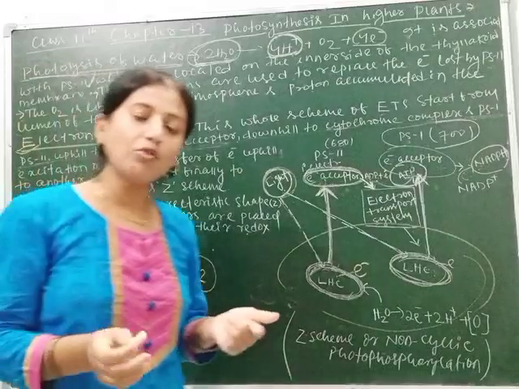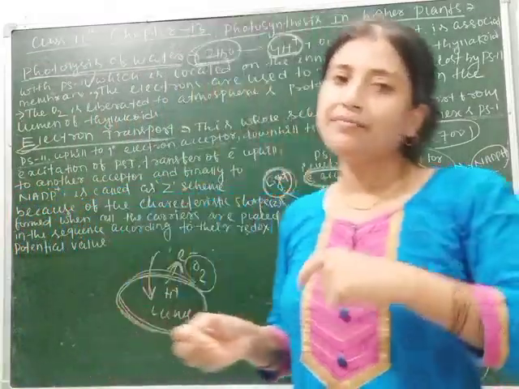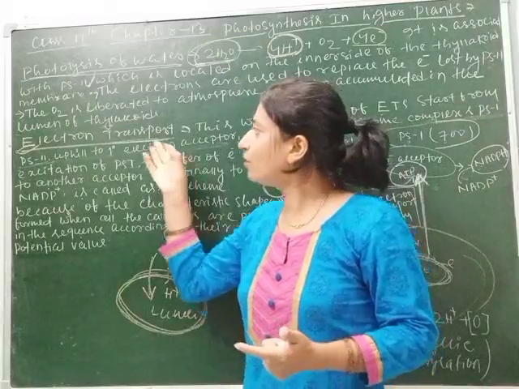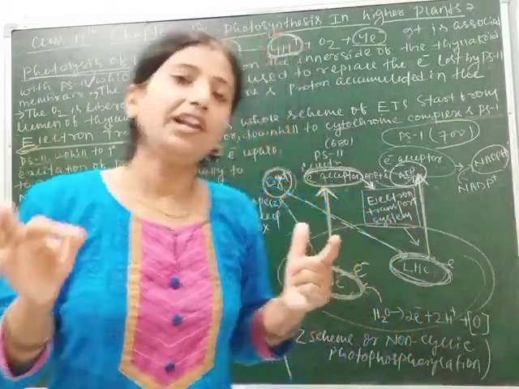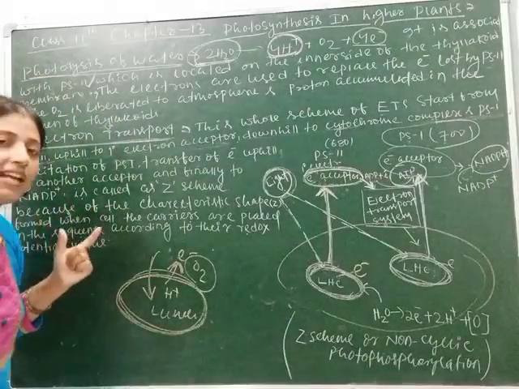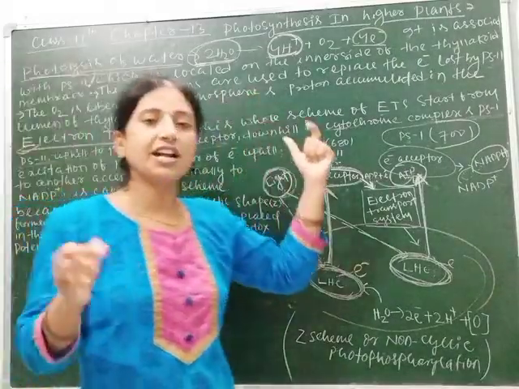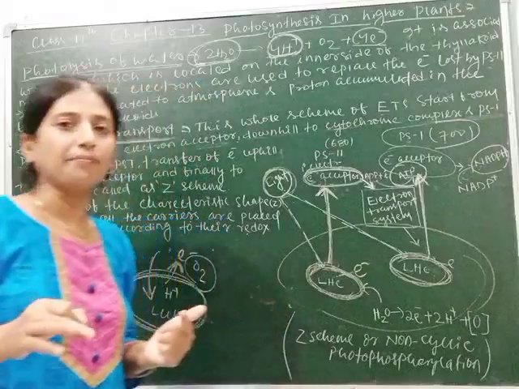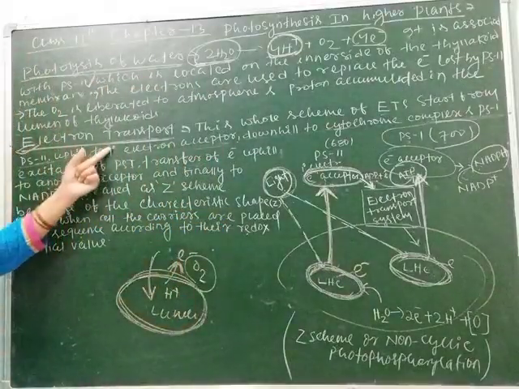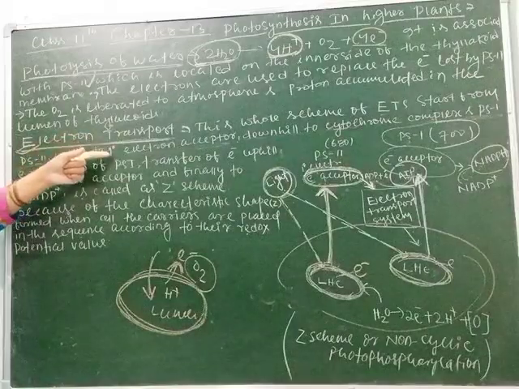Next, we will study electron transport. We have studied photolysis of water in our previous classes, but still we need to understand it here. Why? Because we are going to start electron transport. So to understand electron transport very clearly, we need to understand where the electrons come from. Clear? So let's see how the electron transport system takes place in higher plants.